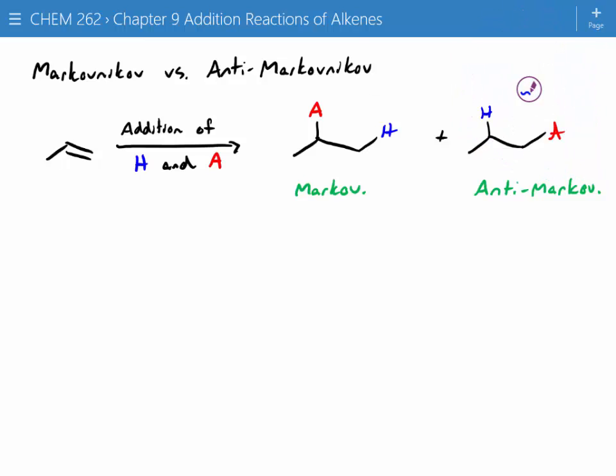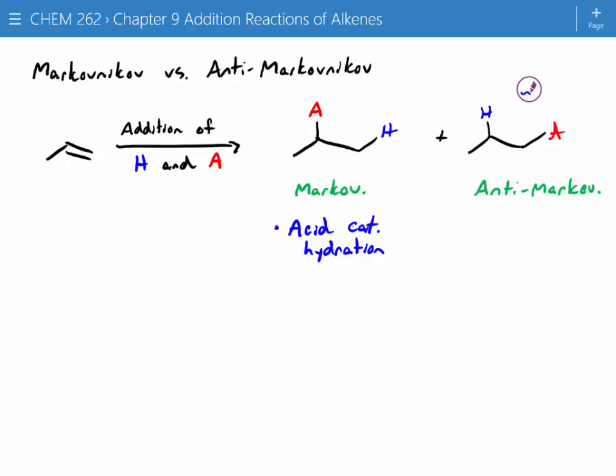Is acid catalyzed hydration Markovnikov or anti-Markovnikov? That's when we react just H3O plus, hydronium. It's Markovnikov, so we'll put this on this side. So acid catalyzed hydration. What about hydroboration oxidation?